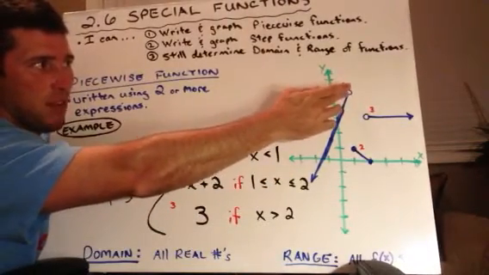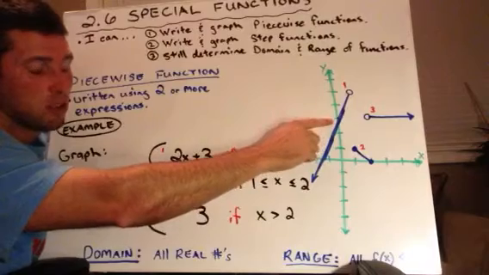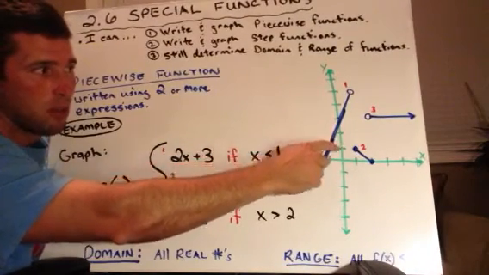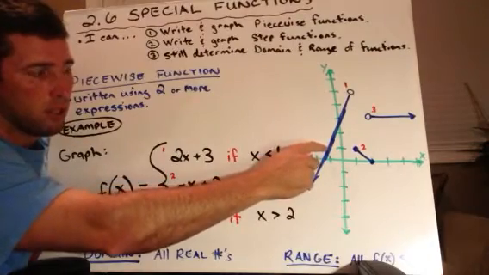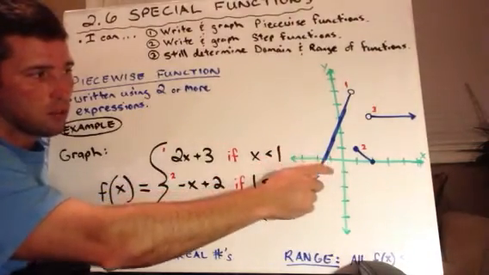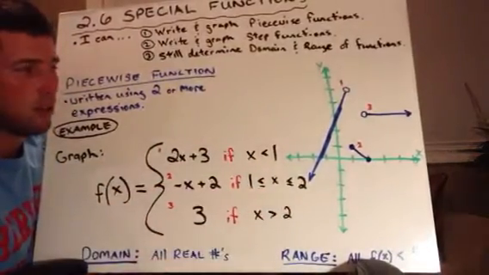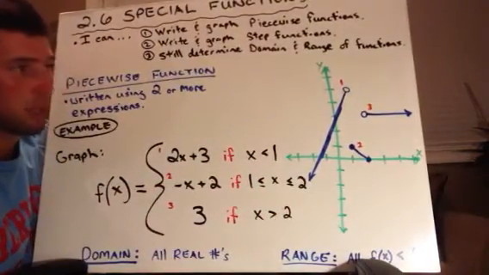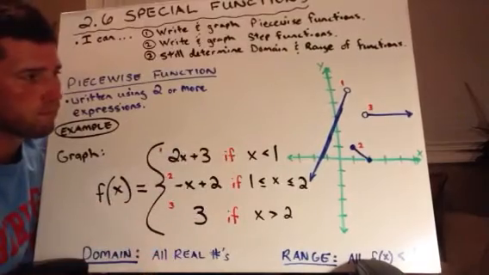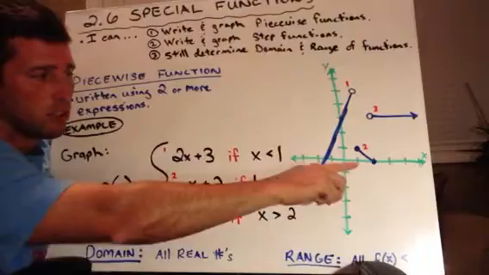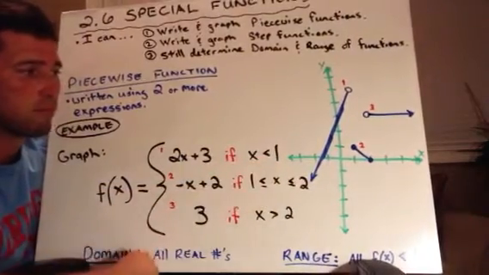Then I go down 1, down 2, over 1, and I connect my line, as you see there. It has a positive slope going up, but it stops where the x is 1. And it's an open circle because x cannot be 1.